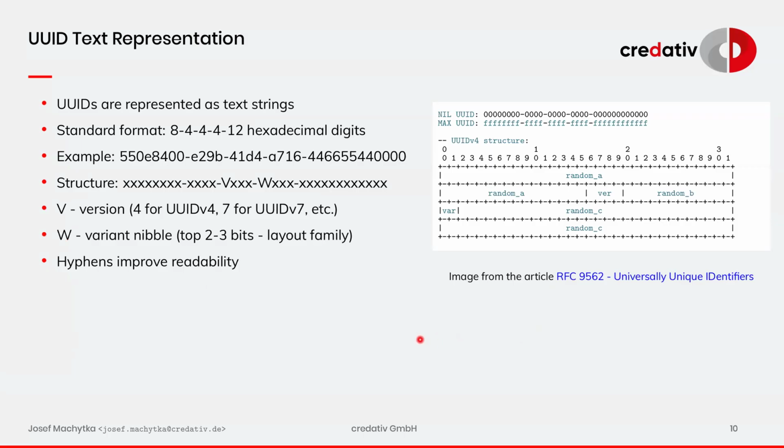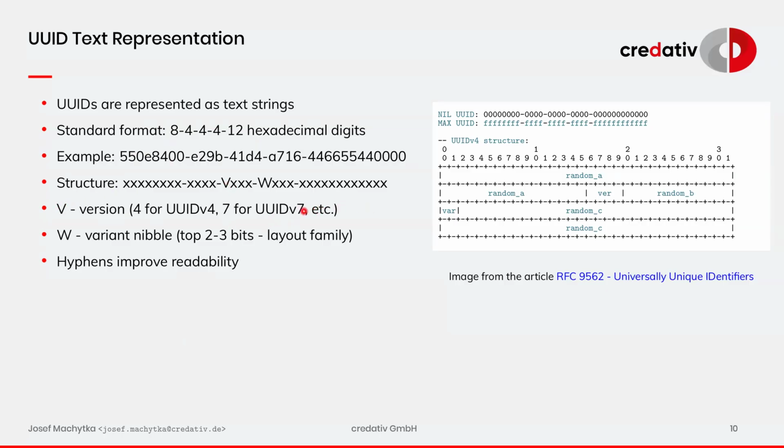For better readability, a UUID is represented as a text string of hexadecimal digits, and the standard format for representing it is this. Here is a typical example showing how it looks, and as I already mentioned, the first digit in the third group means the version.